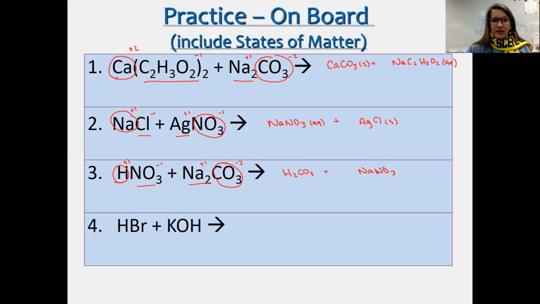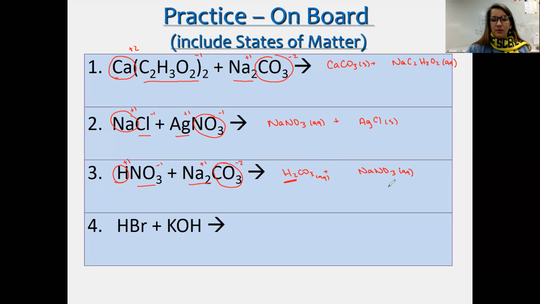Now, I know that this NaNO3 is going to be aqueous because alkali metals and nitrates are always aqueous. Now, H2CO3, when you see a hydrogen in front like this, that means it's an acid, and acids are usually aqueous, unless otherwise stated. So we're going to put aqueous with this one.